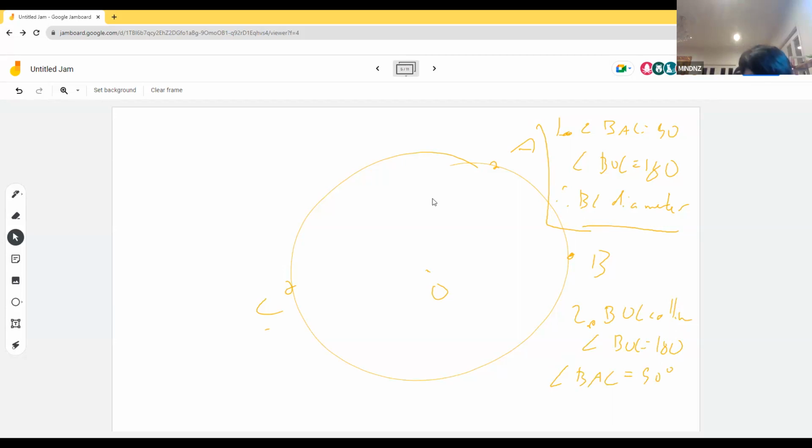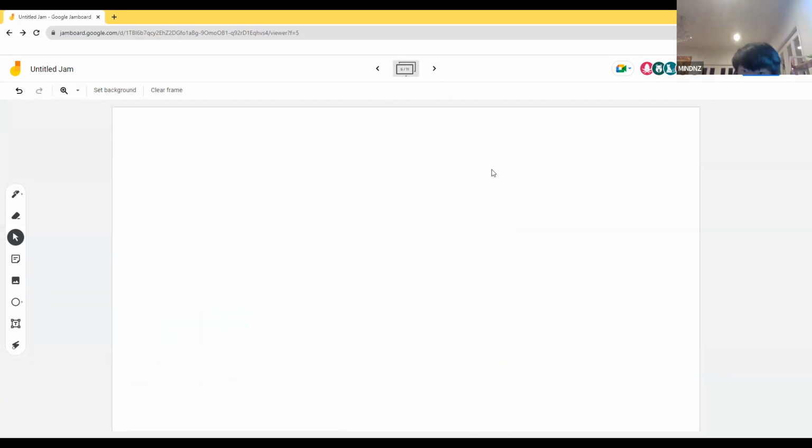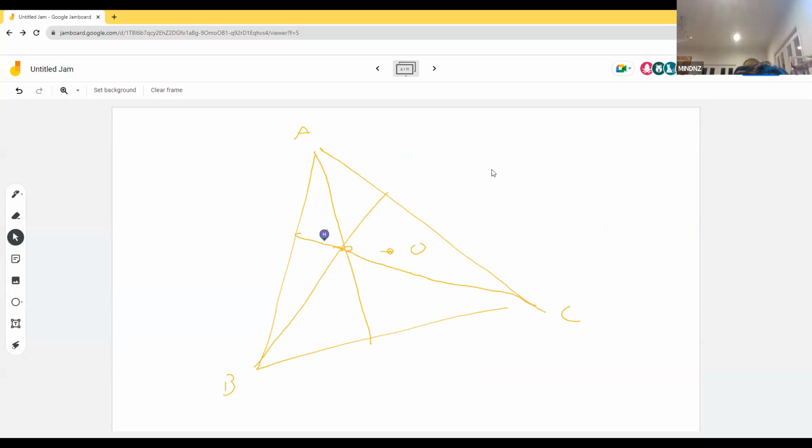We'll go on to the next slide. This problem was a bit more difficult. We have A, B, C with O as the circumcenter, and H as the orthocenter.